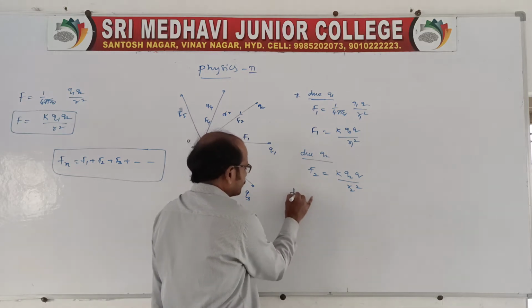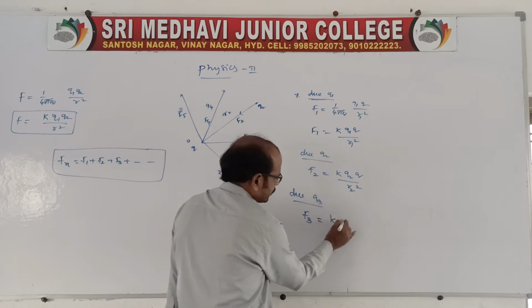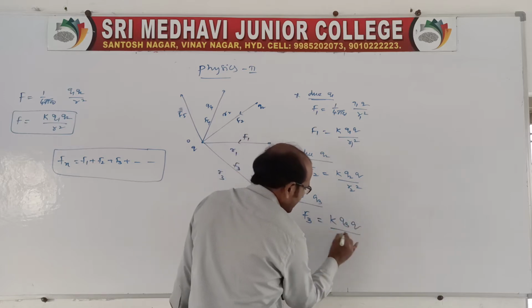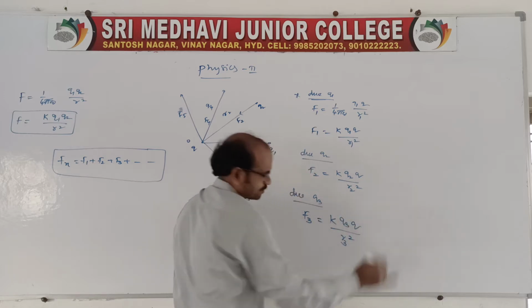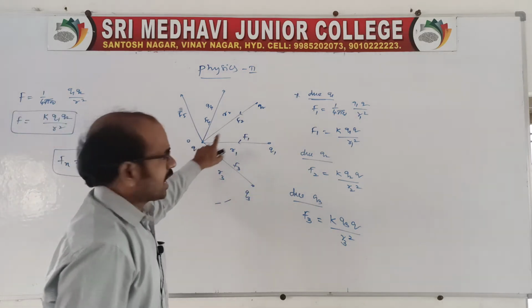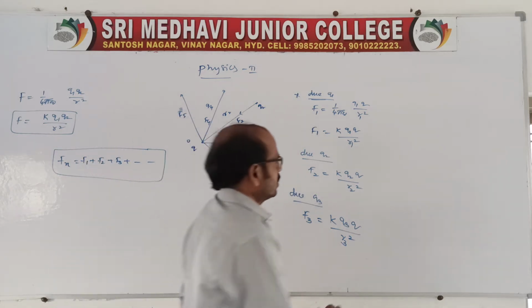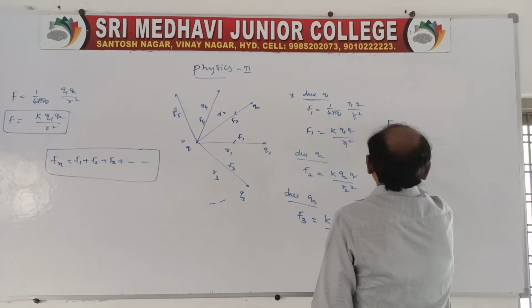And you take, due to q3, that is F3 is equal to k q3 q by r3 square, and so on, all acting simultaneously at a point O. And you do one thing, add all these, that gives the resultant, or we can also call it the net force.